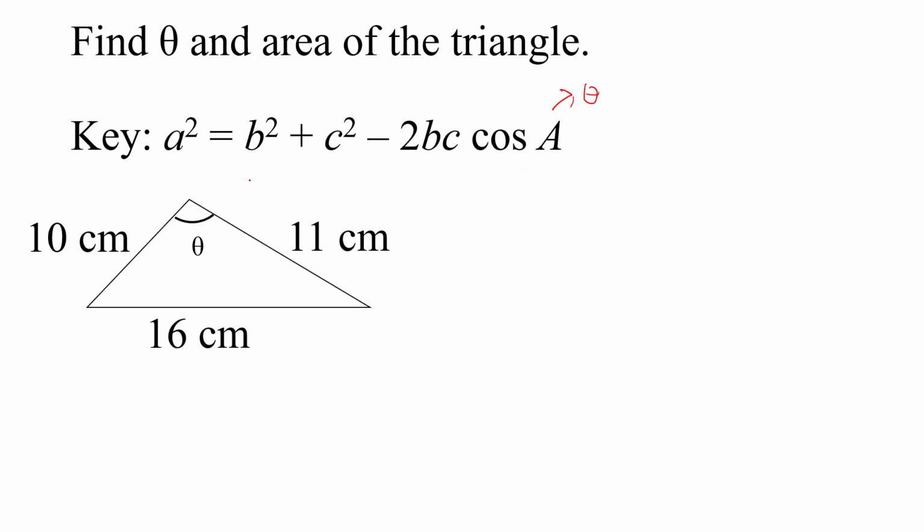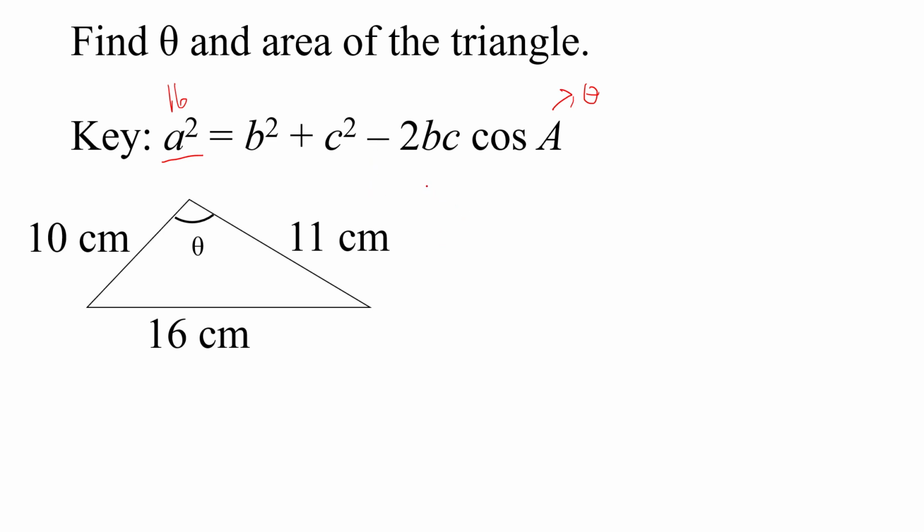Then the important thing to figure out is what is A square. A square is the opposite side of the included angle. The included angle is theta. The side opposite theta is 16. So A square is 16. Then we are all set to go.